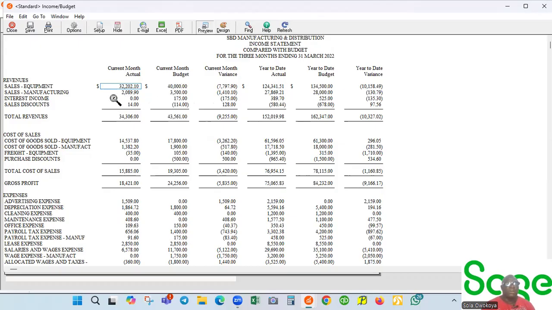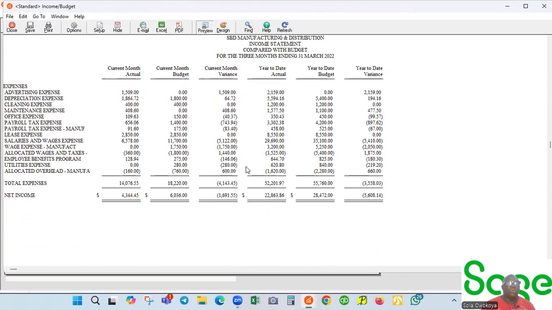Year to date is talking about your full accounting year. If you are running a business from January to December, that is a year to date, accounting system. And also your cost, this business budgeted $17,800, and they incurred a cost of $14,000 plus, and they're having a variance and all that.